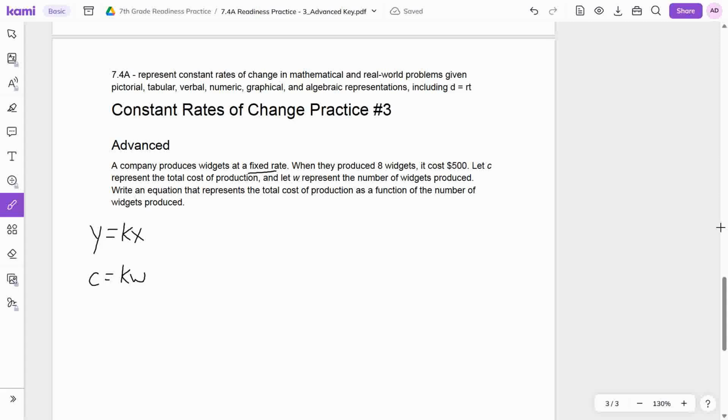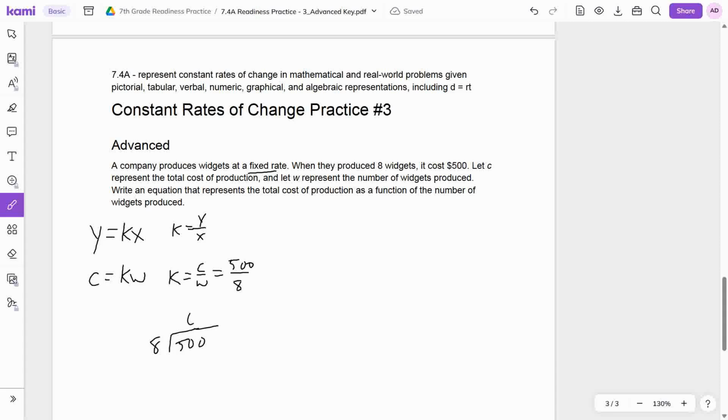And remember, your K also equals, if we divide both sides by X, Y over X. So in this case, we're using C and W, so K equals C over W. And they told you that the total cost was 500 for 8. So let's just divide that 8 into 500.